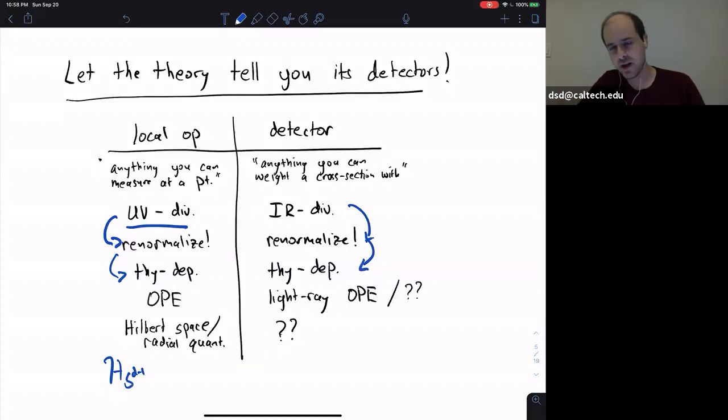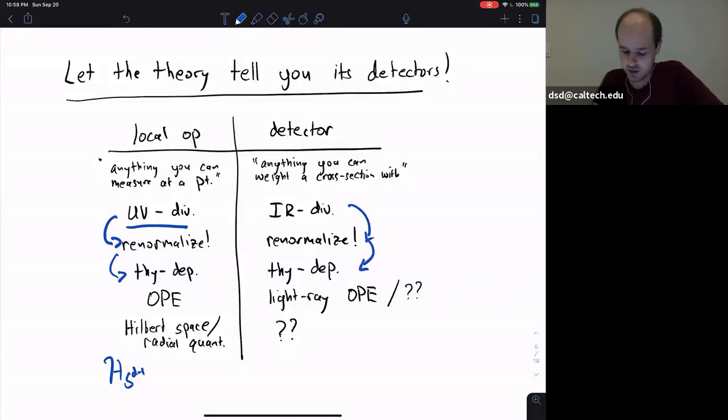Once you've identified the non-perturbatively well-defined detectors in the theory, then you get some interesting structures relating those things to each other. One of them is the light ray OPE, which I've worked on recently, and I won't have time to talk about it much during this talk, but I would certainly be happy to answer questions about it.